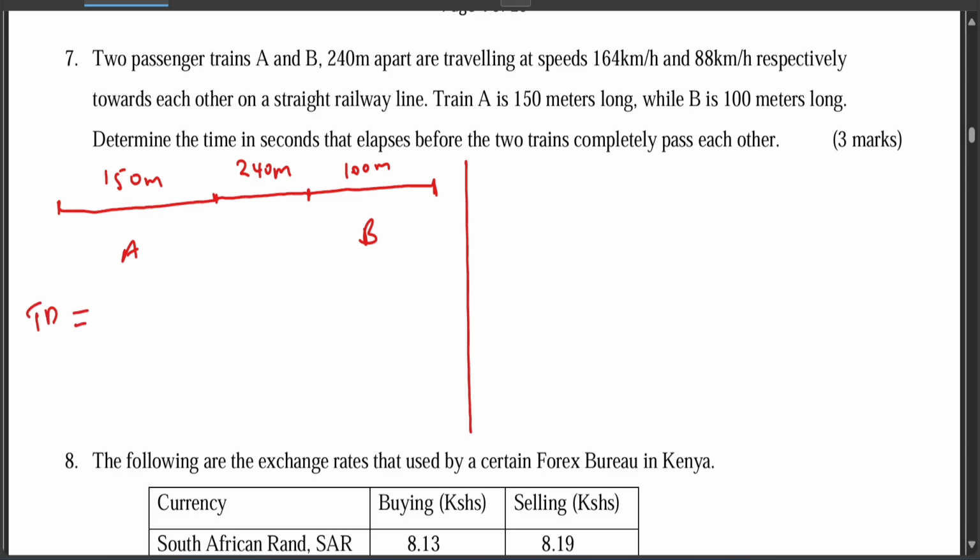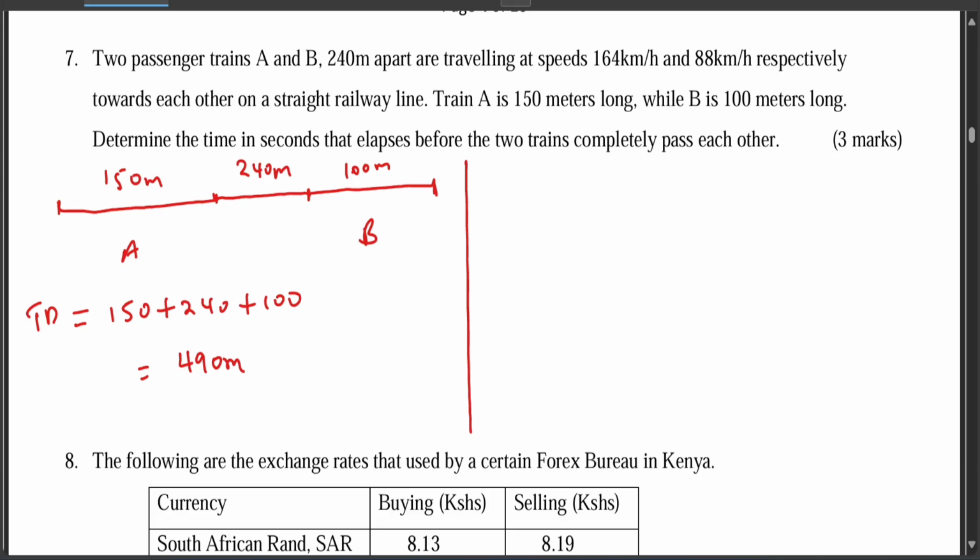So total distance will be 150 plus 240 plus 100. That's the relative distance that you use to find the time in seconds that elapses before the two trains completely pass each other. So 150 plus 240 plus 100 gives you 490 meters.